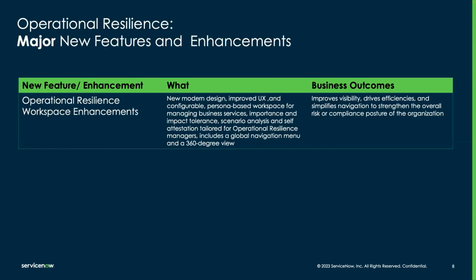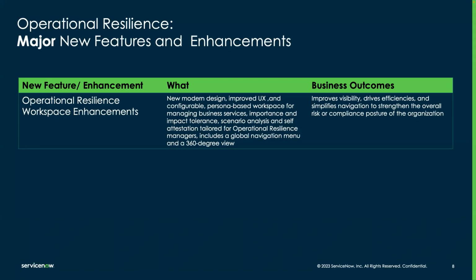And as I said, what we're talking about today is operational resilience. First, I'll go over the first major feature enhancement, which is around our operational resilience workspace. And what we're bringing to you in this version of the product is a new modern UI. We're bringing the next experience, as we call it at ServiceNow. There's a lot of configurability, persona-based workspaces.